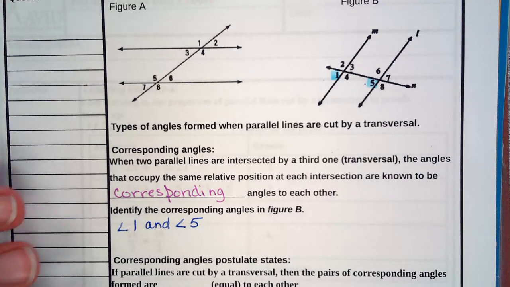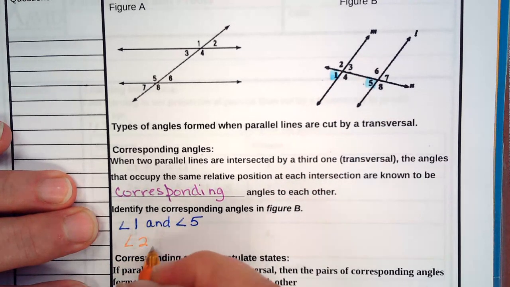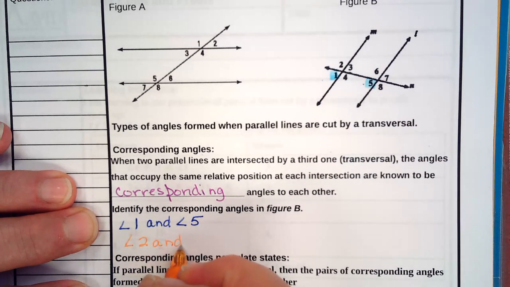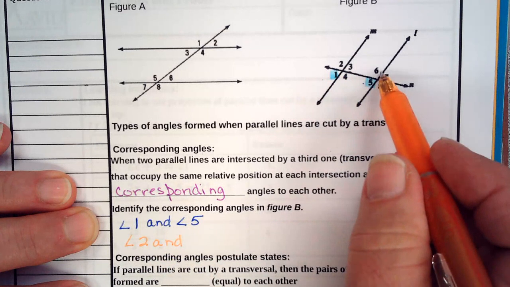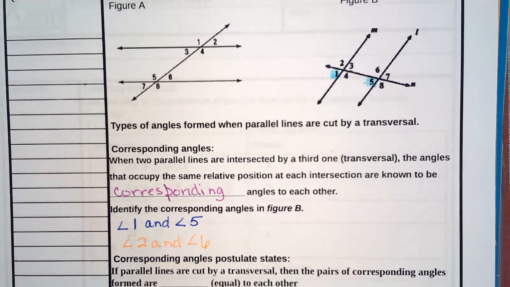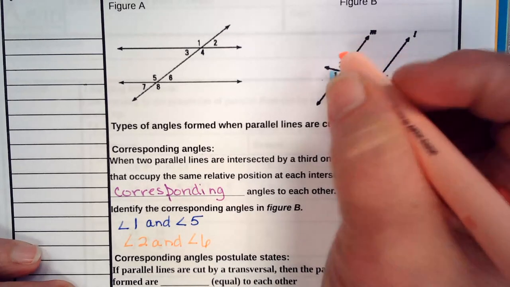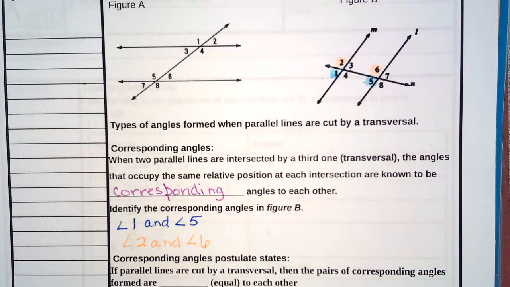Okay, what about angle 2? It's to the top and to the left. To the top and to the left is angle 6. Okay, let's look at the other 2 that are on the bottom.